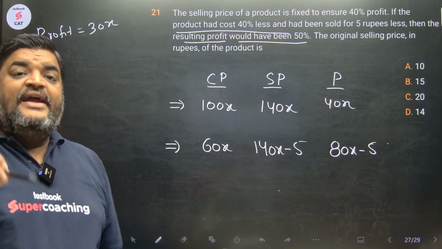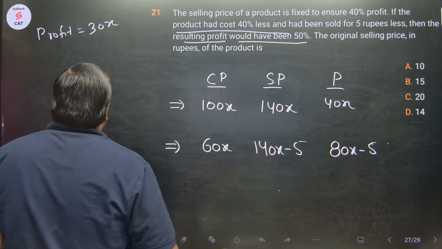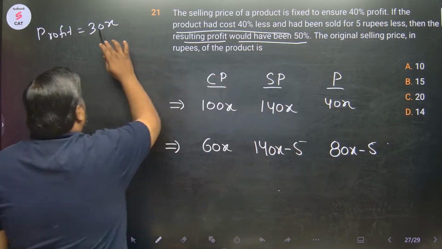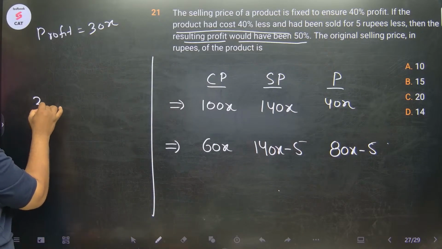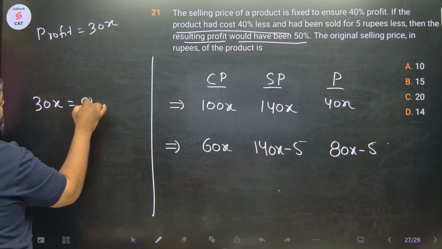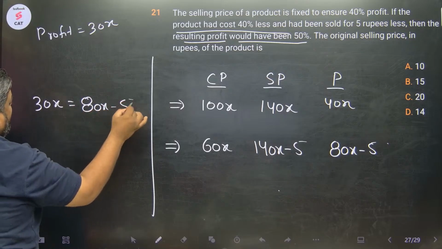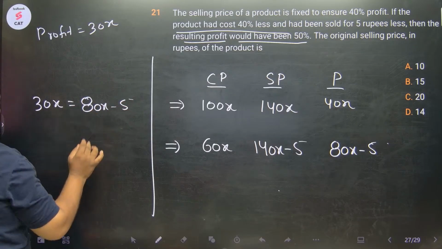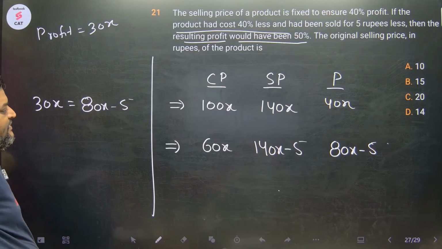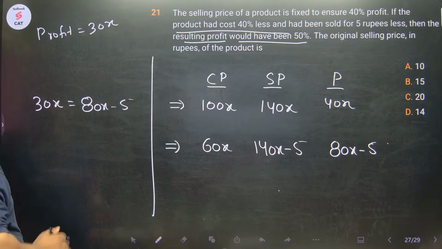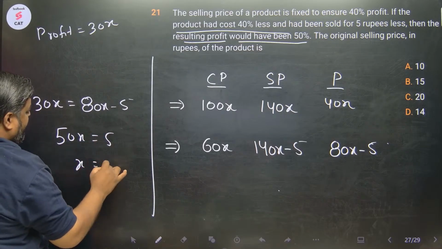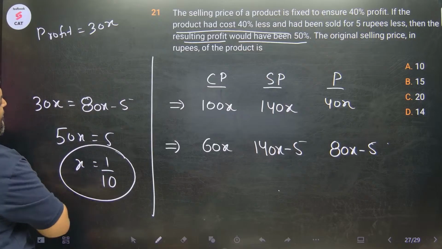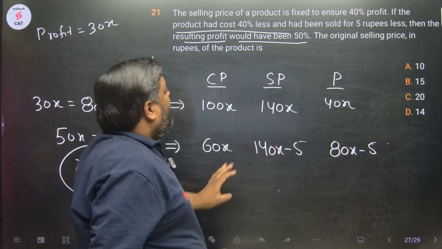I can proudly say this is equal to this. 30x would be equal to 80x minus 5. Do it. So 50x equals 5, x is 1 by 10.